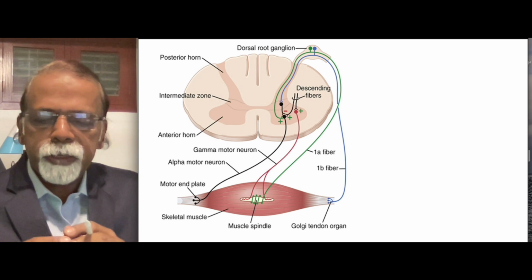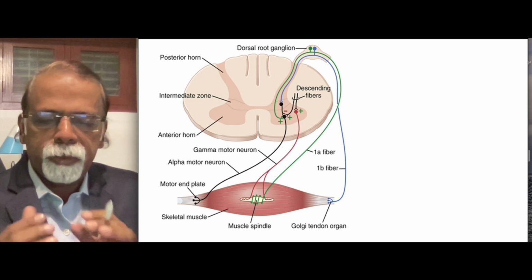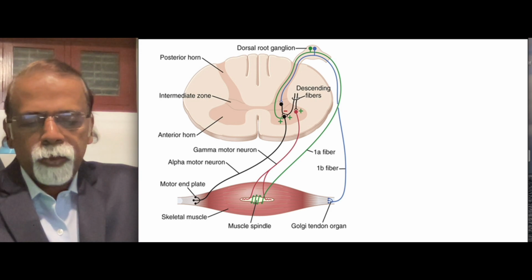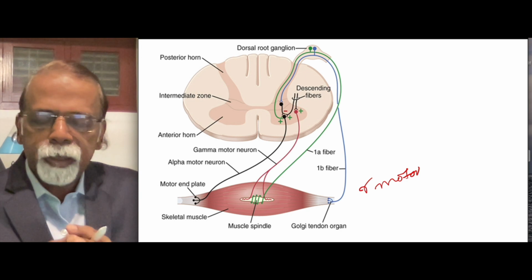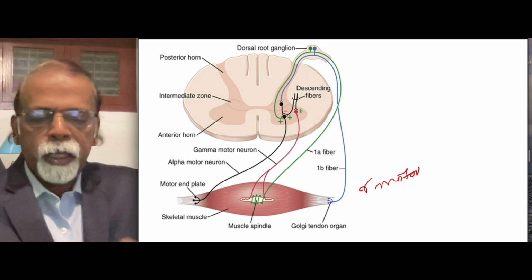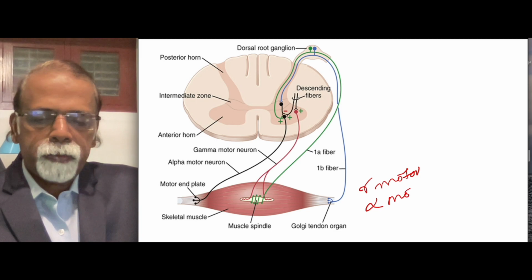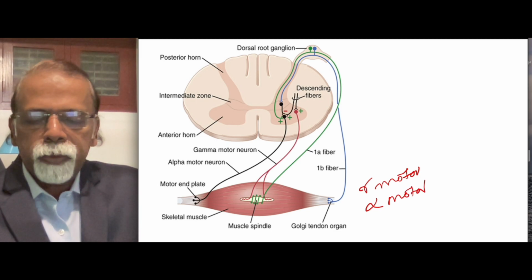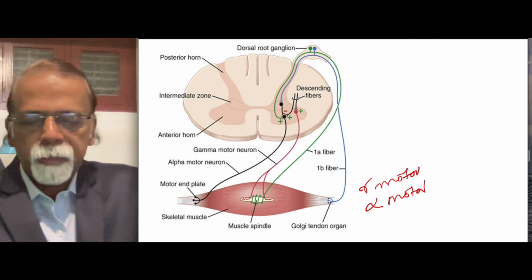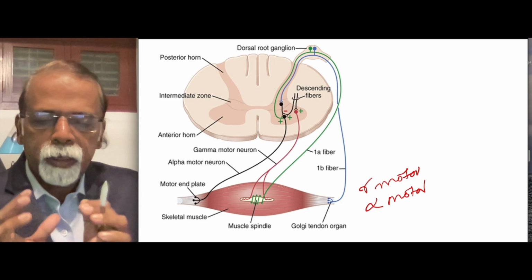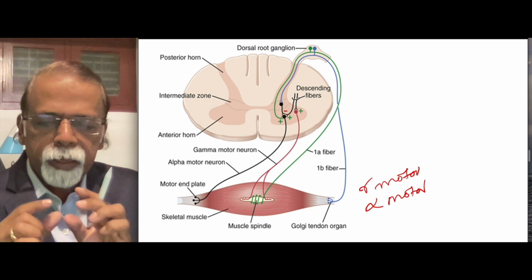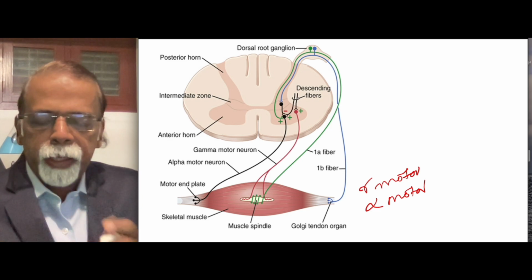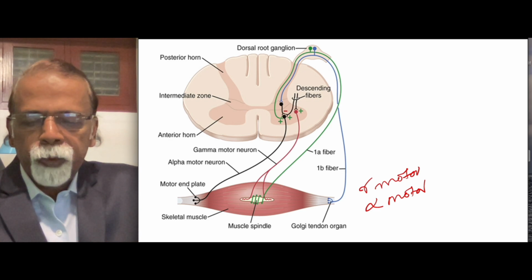The muscle spindles are supplied by a neuron called the gamma motor neuron, and the skeletal muscle proper is supplied by the alpha motor neuron. So the gamma motor neurons supply the motor part for the contraction of the muscle spindle. From this muscle spindle, proprioceptive impulses are passing.